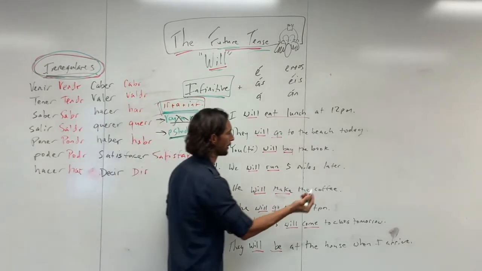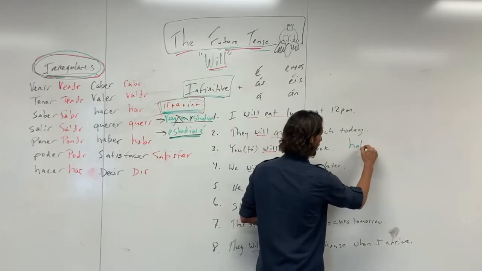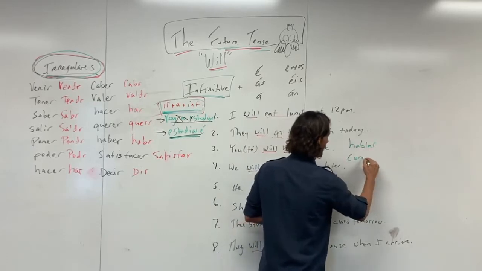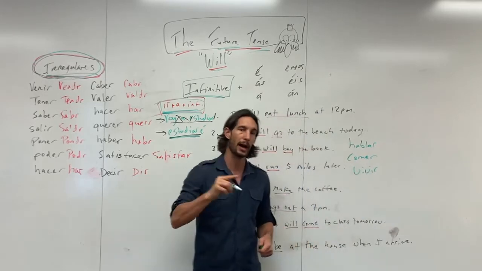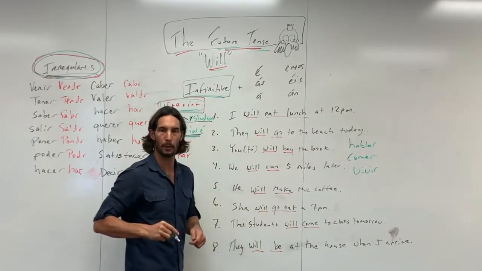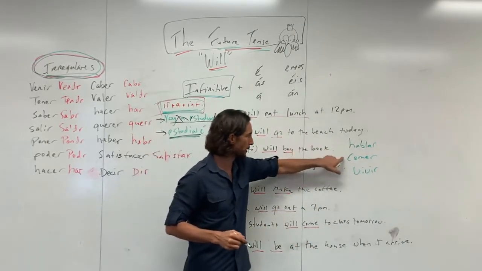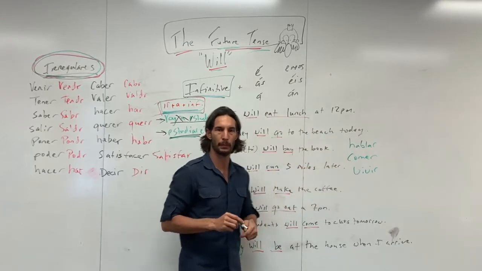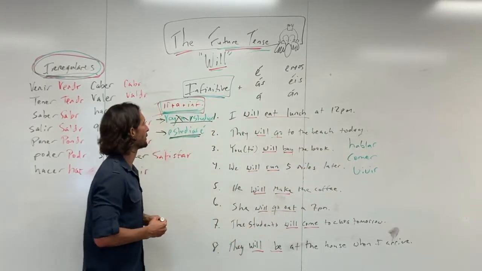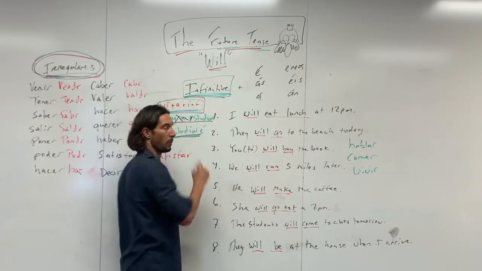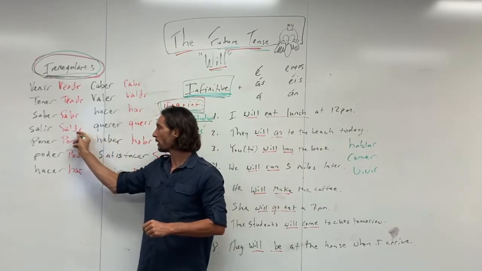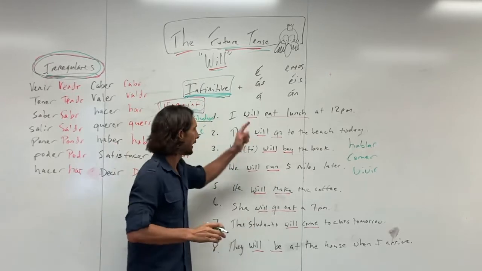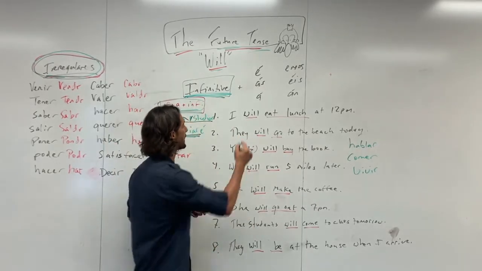I'll write another one over here: hablar, comer, vivir. That way we have a little AR, ER, and IR. So I put hablar, comer, vivir, so to speak, to eat, to live. Just to have a little variety up there. And so you would take the infinitive of whatever verb. Of course, if it's an irregular, it's still going to end with R, but it's just going to be irregular. And then you would add these endings.